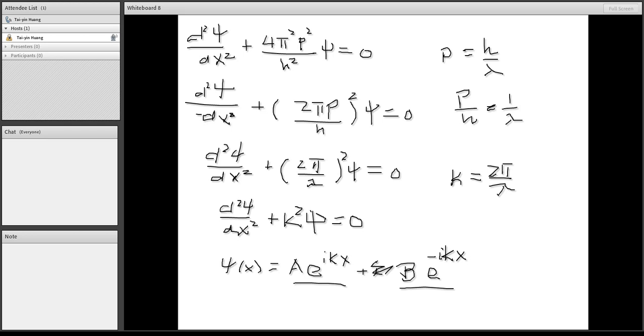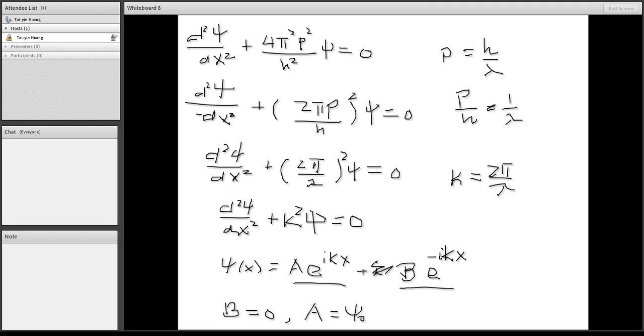Now, because we're dealing with a free particle, and a rightward moving particle, you can set b equals 0, and we can further let a be a constant. This is just the amplitude of the wave, and let's say it is c sub 0.